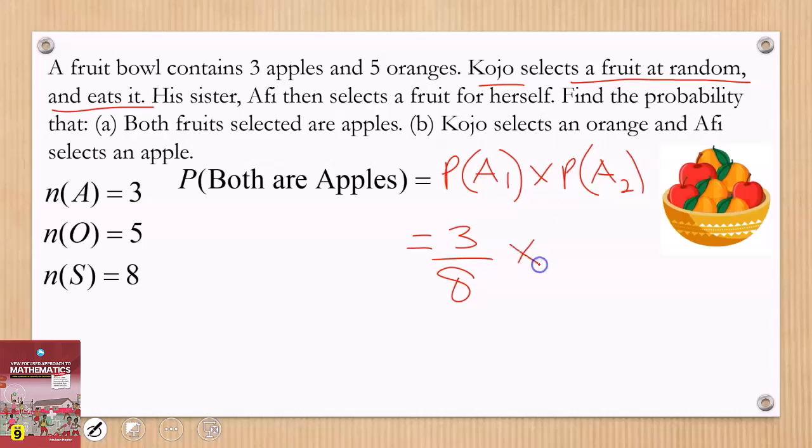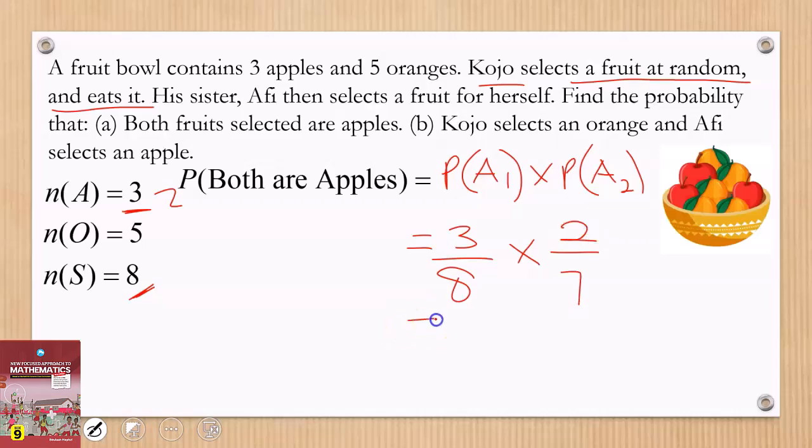Then we multiply by, now after Kojo picked 1 apple and has eaten it, we are left with 2 apples. In that case, the total fruit will be 7. So if Afi is to pick the second apple, there is going to be 2 over 7.